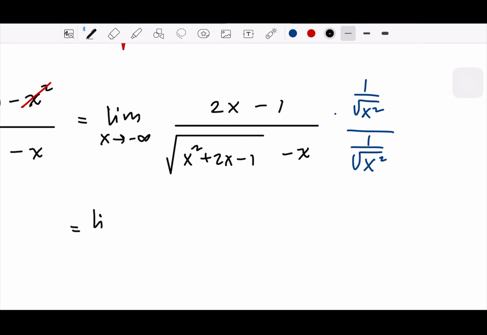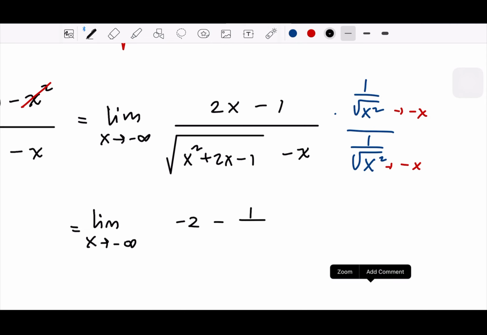So we are going to have, this will be negative x, this will be negative x also. So negative x will be negative 2 and minus 1 over x, or plus, that's also okay.